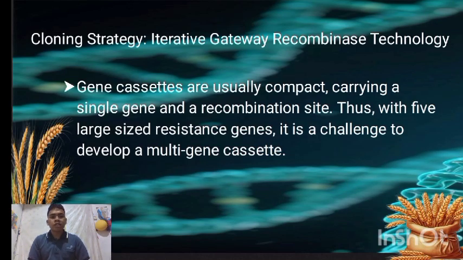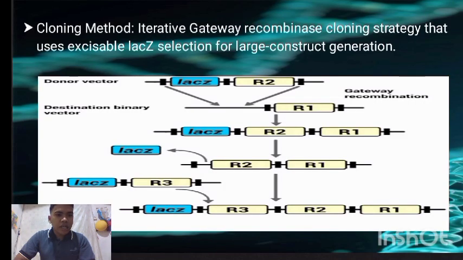So our scientists came up with a cloning strategy, the iterative Gateway recombinase cloning strategy, which uses accessible LacZ selection for large construct generation.